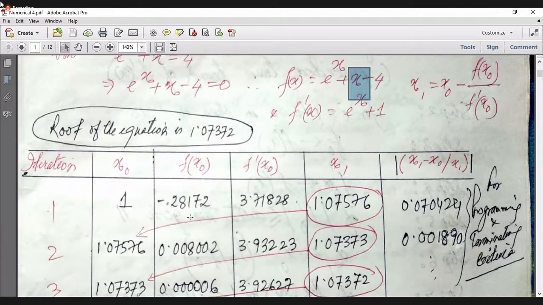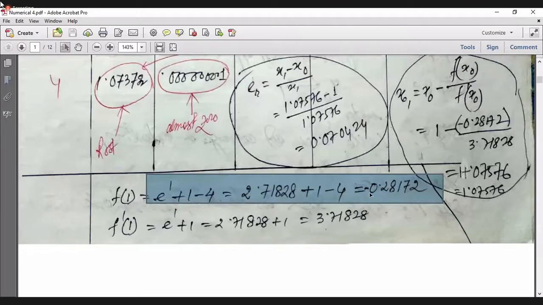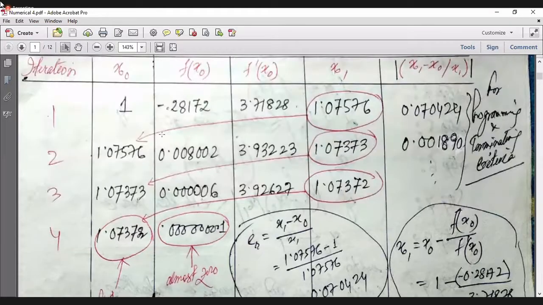When x is equal to 1, e to the power 1 is e, right? 1 plus, so we get minus 0.2817, something like this.